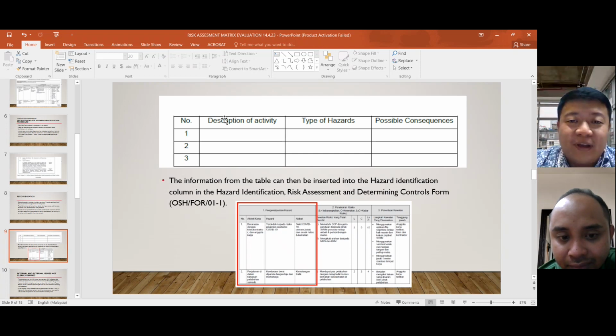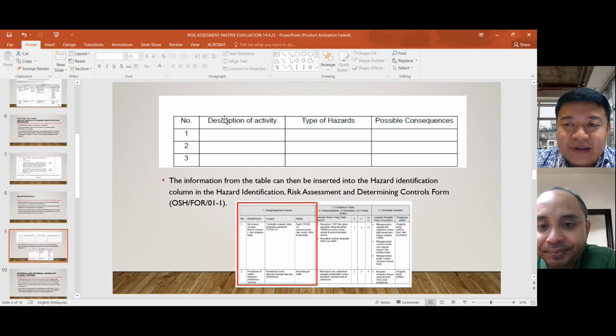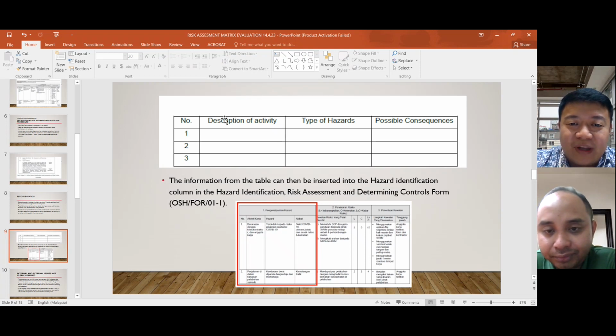So from here, we can put under description the activity of entering the container, and then we can put the type of hazard as physical, and then possible consequences. We list all the activities down, and then we can input them inside the hierarchy form that your organization has already prepared.